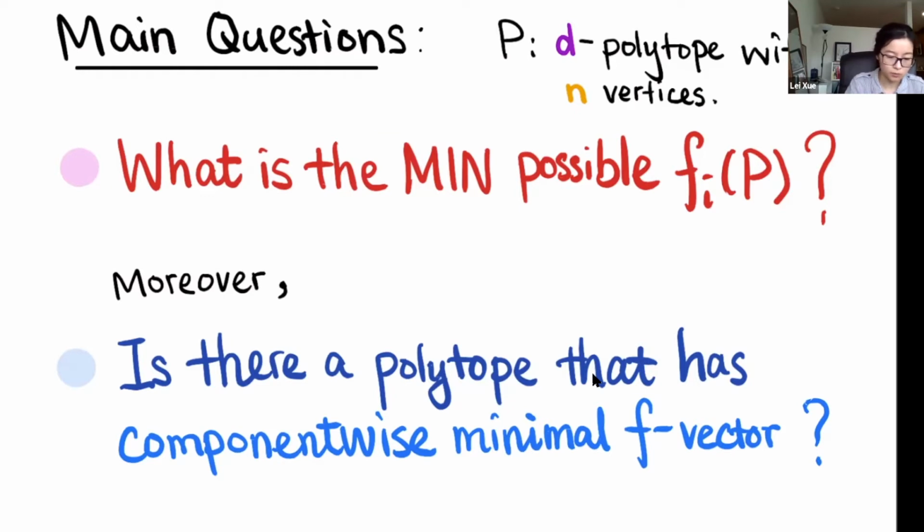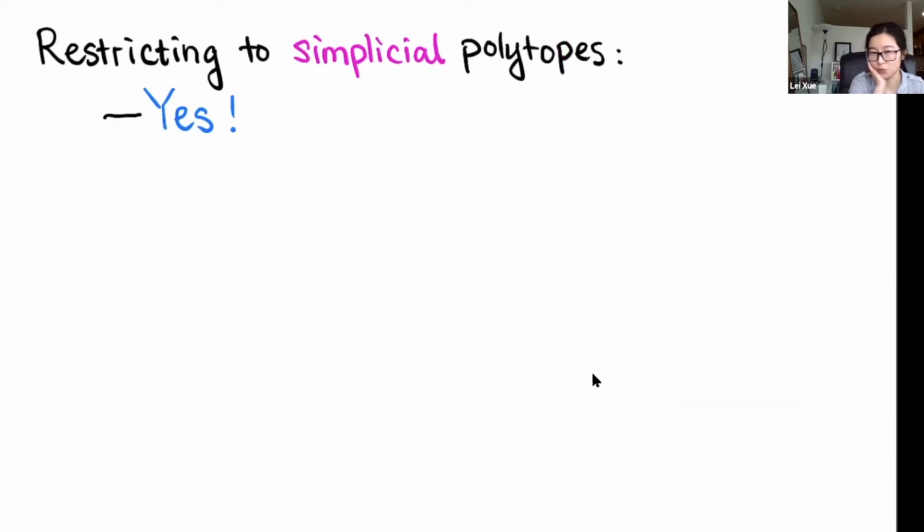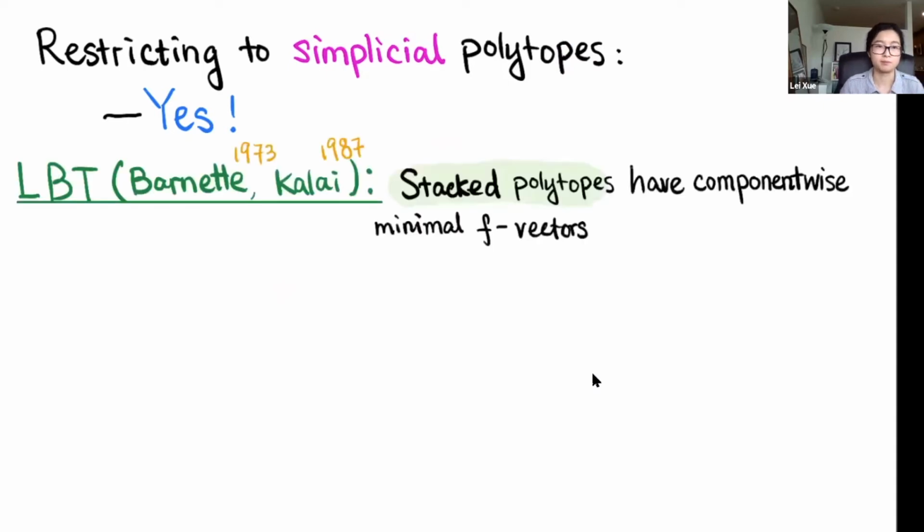The reason we're asking that is that we know the answer to those two questions is yes and yes for simplicial polytopes. Those are polytopes whose facets are simplices. And that is the famous LBT, the lower bound theorem, proven by Barnette in '73 and Kalai in '87, which says a family of polytopes called stacked polytopes have the component-wise minimal f-vectors among all simplicial polytopes.